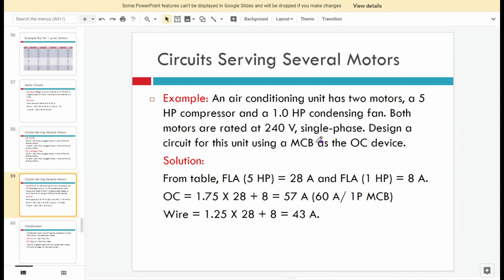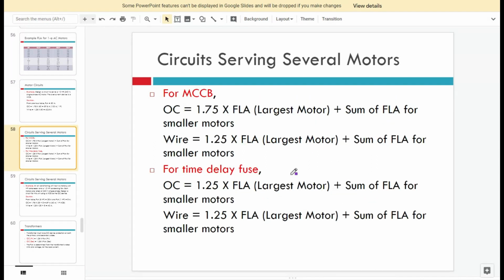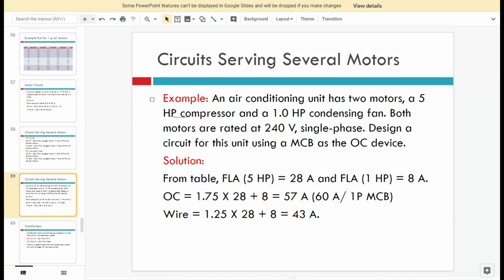We can use this equation for either MCB or MCCB. MCB is normally used for single phase, and MCCB we use for three phase. So you can use this equation for either the MCB or MCCB.